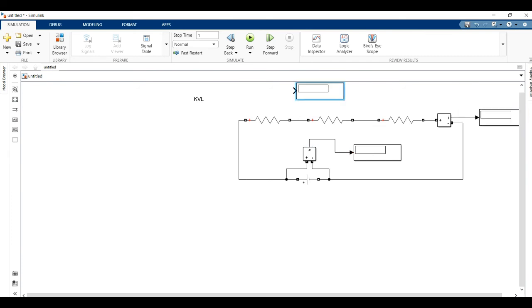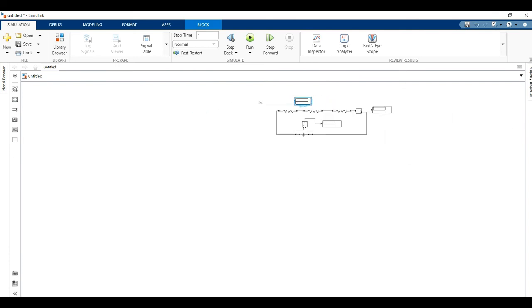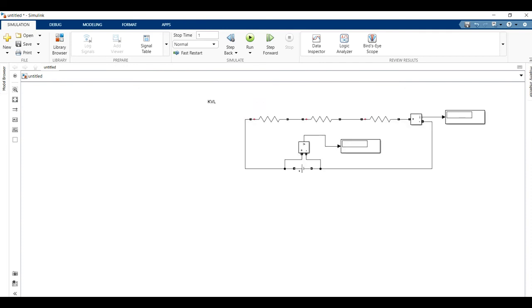Similarly, we need another voltage measurement and a display unit for the voltage drop across resistive element R1.